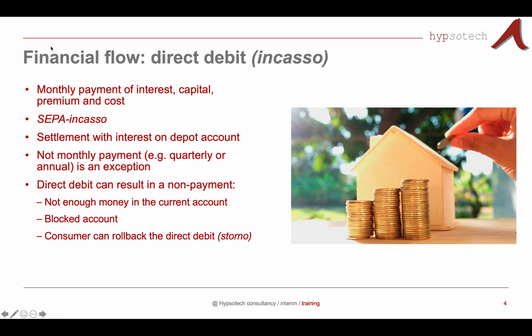Up until 6 weeks after the direct debit, the consumer is able to roll back the direct debit, and we call it a storno. So the lender knows for sure that the customer has paid 6 weeks after the date of the direct debit.